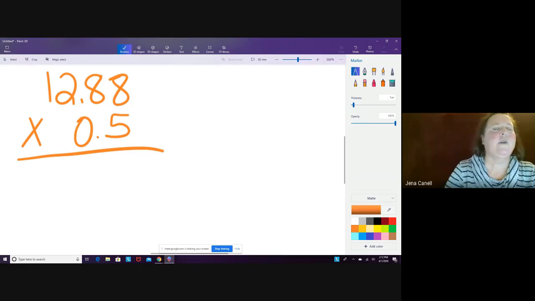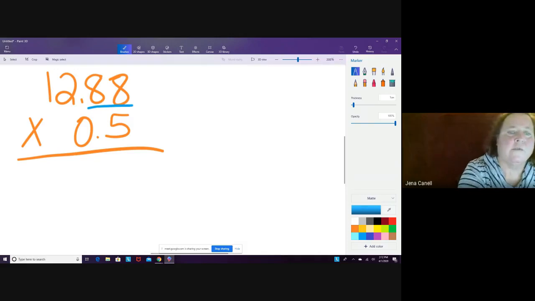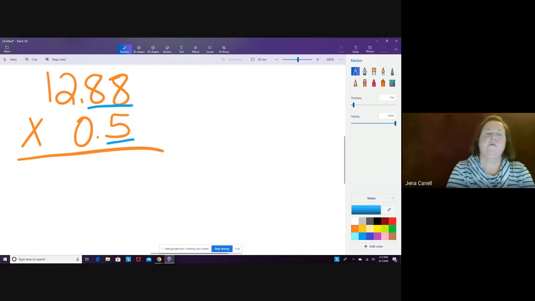Now remember, when we're multiplying, we do not have to line up our decimals, but we do need to count the number of decimal places that we have. Notice that we have 3. All right, we're going to go ahead and solve for that. Go ahead and do your multiplication problem. You can go ahead and pause your video if you want to get your answer.